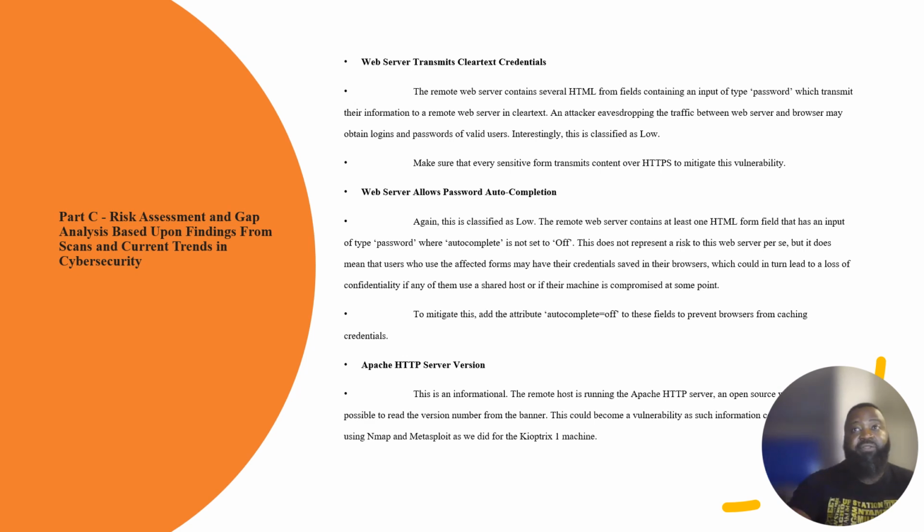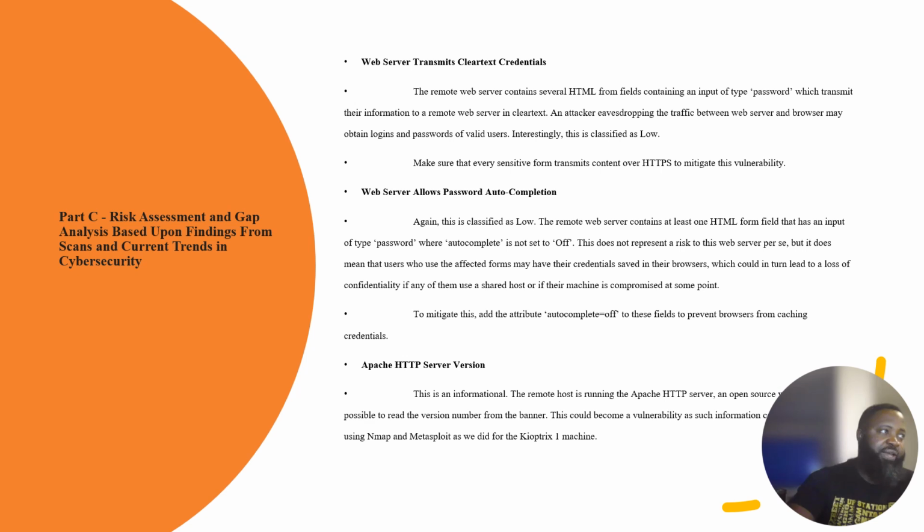This does not represent a risk to this web server per se, but it does mean that users who use the affected forms may have their credentials saved in their browsers, which could in turn lead to a loss of confidentiality if any of them use a shared host or if their machine is compromised at some point. To mitigate this, add the attribute autocomplete equal to off to this field to prevent browsers from caching credentials.